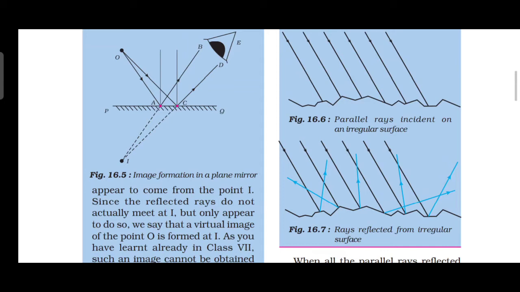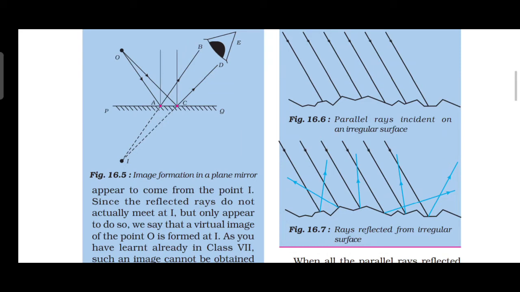The reflection is known as what? Diffused or irregular reflection. The parallel rays reflected from a rough and irregular surface, what happened? It is not parallel. It is slanting. So it is called what? Diffused or irregular reflection.